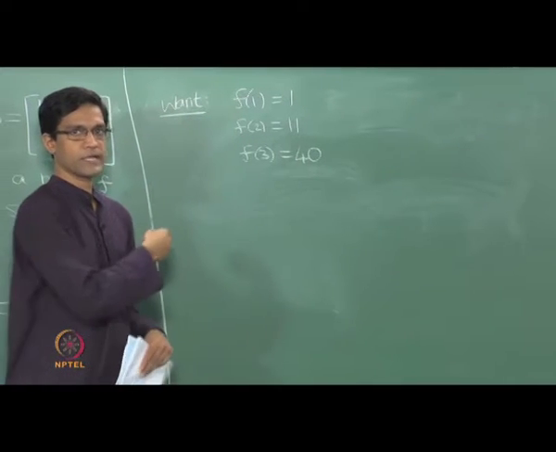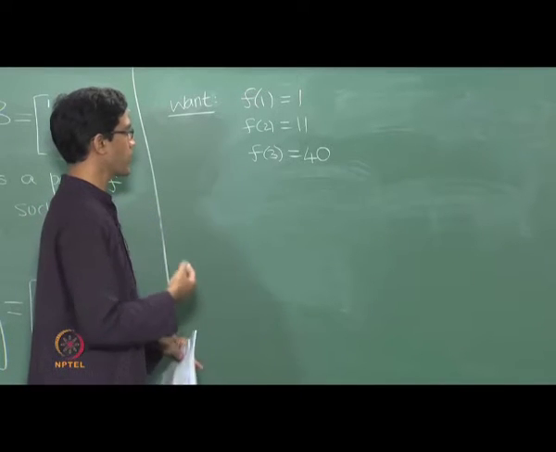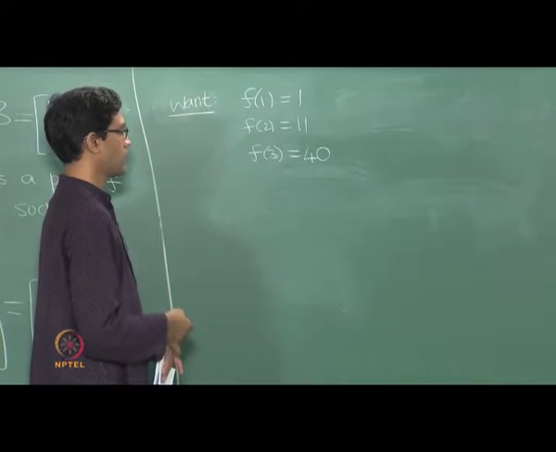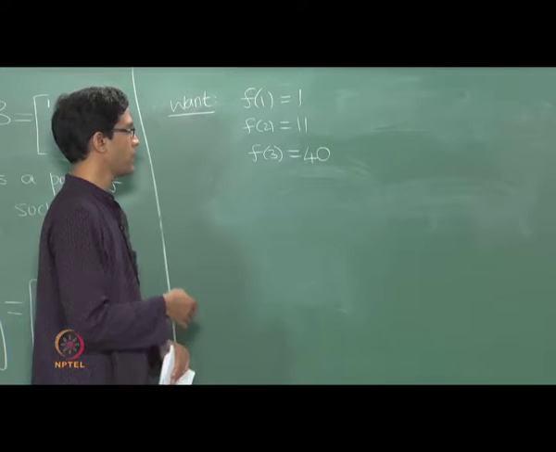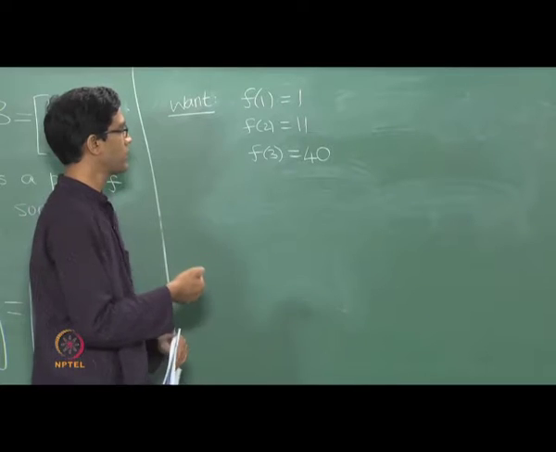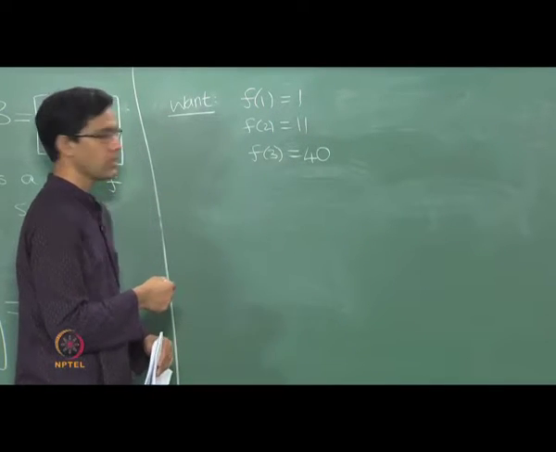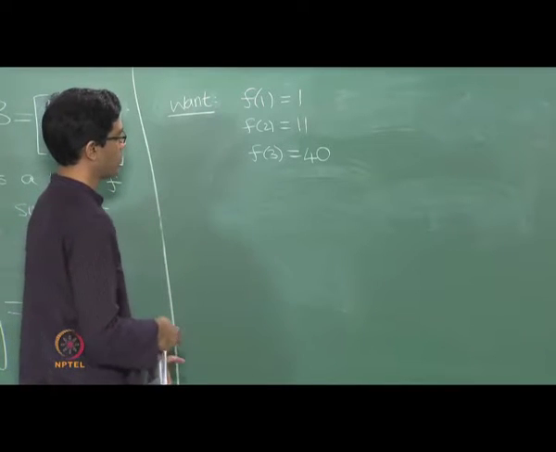Okay, but observe that's exactly what Lagrange interpolation did for us. Interpolation is exactly solving for this kind of polynomial. If you apply the interpolation procedure, what we would find is a polynomial of degree at most 2 which takes these prescribed values 1, 11 and 40 at these 3 prescribed points 1, 2 and 3.